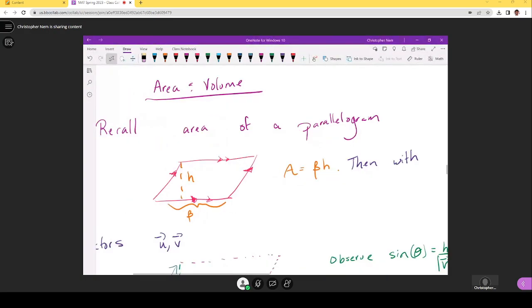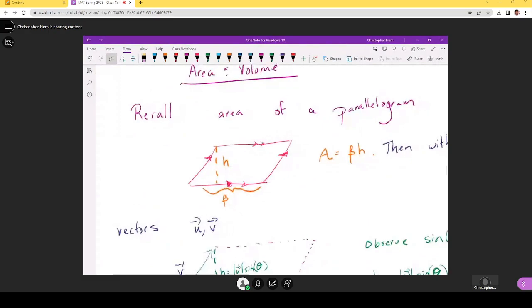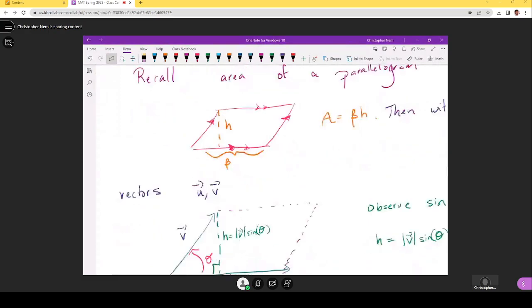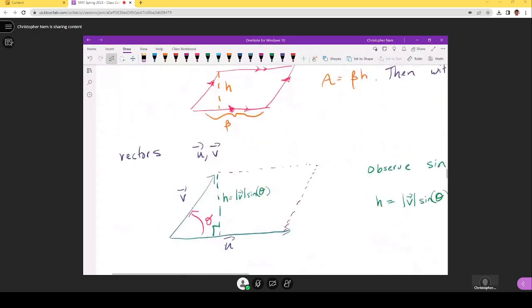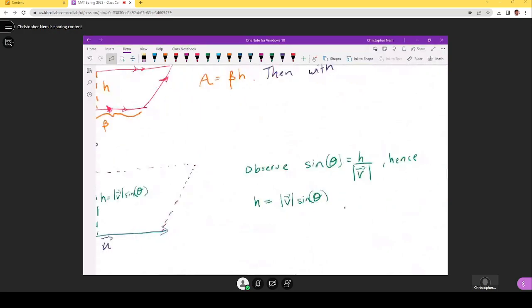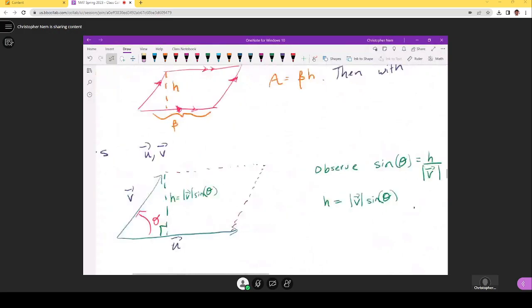Well, notice that to solve for h, it's just the magnitude of v times sine theta. And how is it that? Well, notice that the side opposite from theta is the one we want, h. It's opposite, and I have the hypotenuse of that right triangle I drew. So I can multiply the magnitude of v to both sides, and then I get h is equal to the magnitude of v times sine theta. All right, so that's cool.